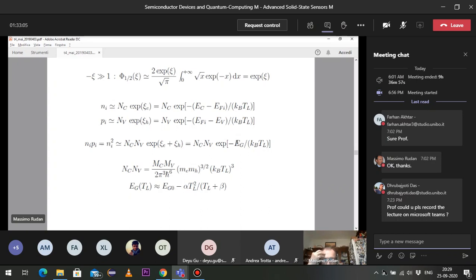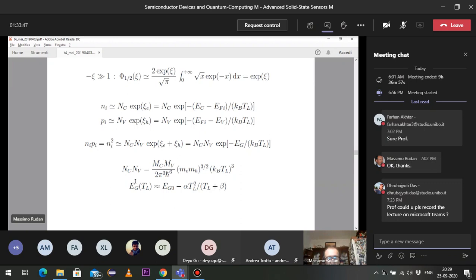Or it can be measured, and the results of the measurements can be arranged as a series of measurements that we can interpolate with an algebraic function or an analytic function, okay? So a very popular interpolation for the dependence of the gap of a semiconductor on temperature is shown in the last line, okay? This is just an interpolating function that works pretty well, okay?